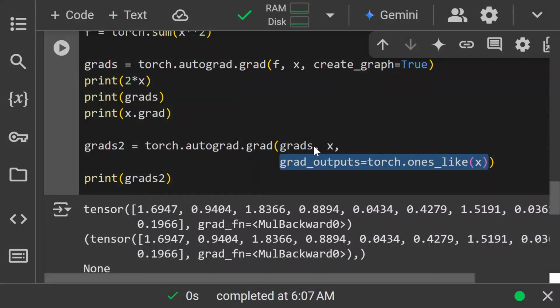Now, technically, the second derivative of f should be: this first guy, derivative with respect to x1, which is 2.